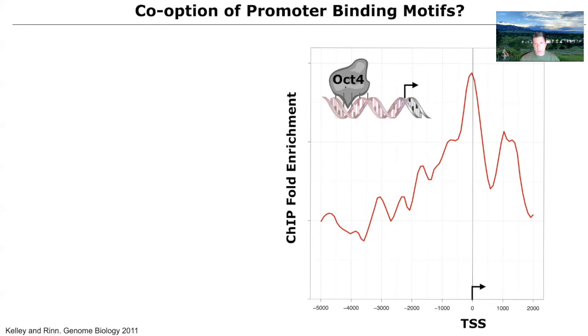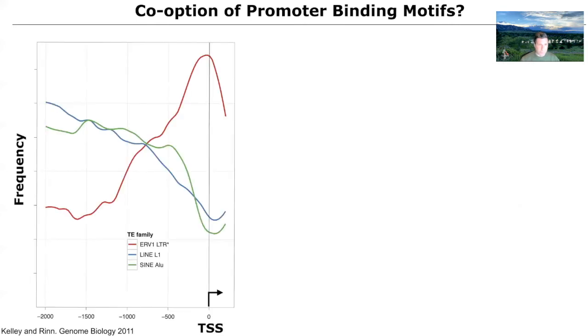That's a strong indication that perhaps OCT4 is part of the reason why these ERV-H or LTR7s are expressed in stem cells. And so we can look at that now a little more relative to other transposons. So let's look at now a triple meta plot, if you will, where we just saw this curve where OCT4 likes to bind right at the top of this, right at the promoter or at the tip of the LTR7. But if you look at other families like SINEs and LINEs, they don't do that.